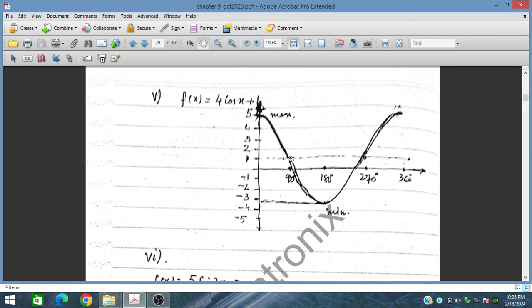So this is 1. Similarly, at 270, the value is 0, so this is plus 1. So that's why at 270, this value is 1. At 360 degree, this is 1 multiplied by 4, plus 1 is 5. That's why this is 5.